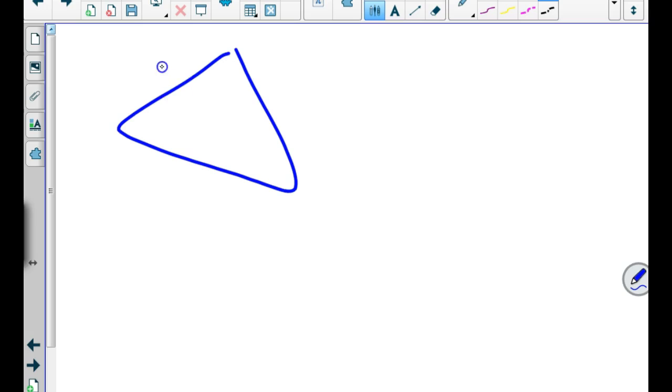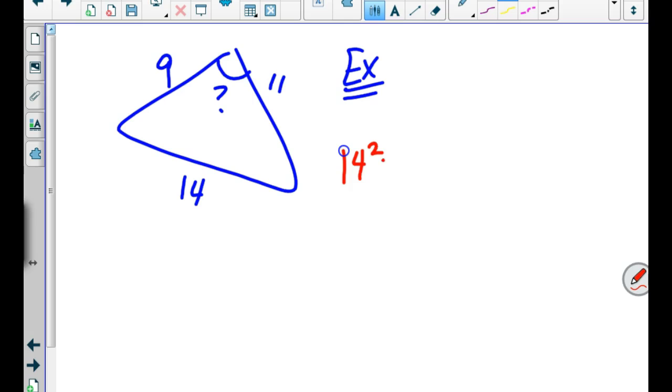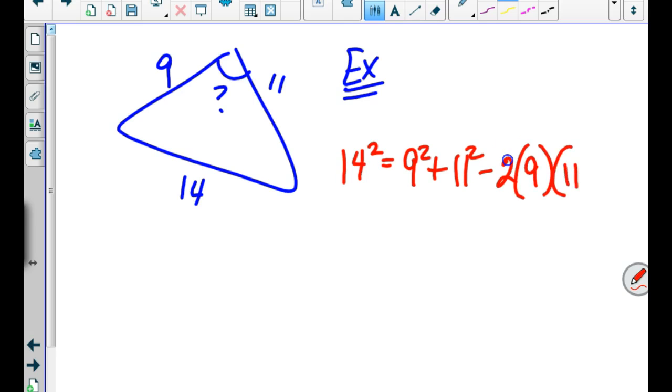If you had sides of 9, 11, and 14, and you're trying to find this angle here, what would law of cosines look like? You'd say the one opposite the angle equals adjacent squared plus adjacent squared minus 2 times 9 times 11 times a cosine of x, we'll call it.